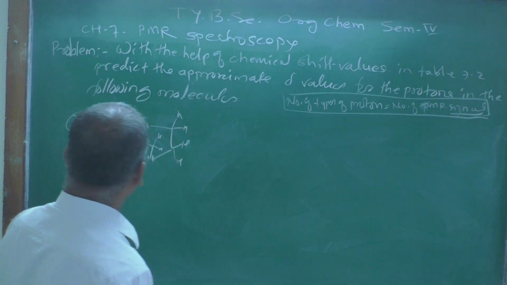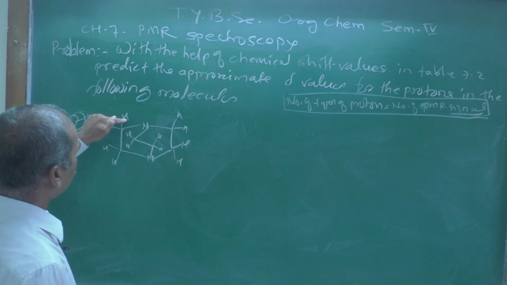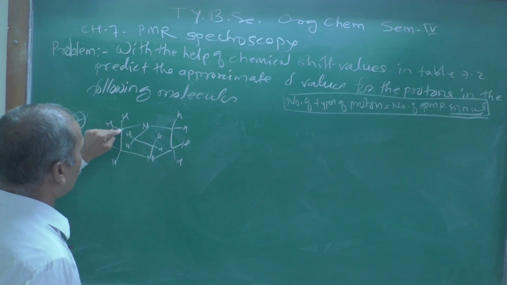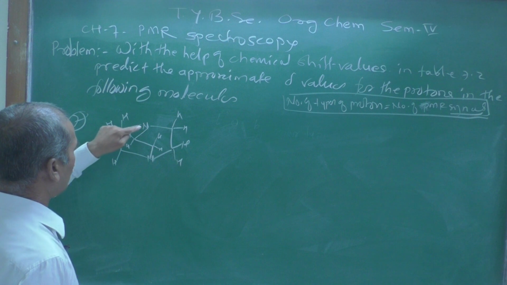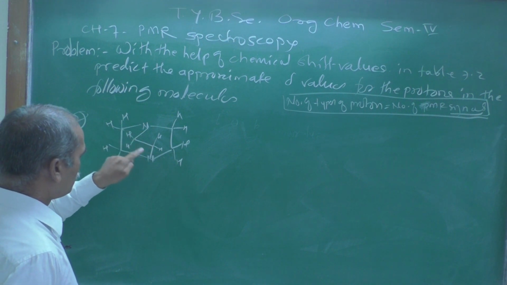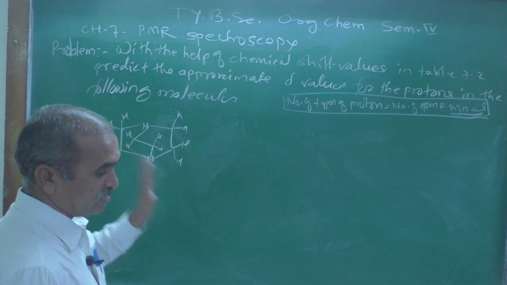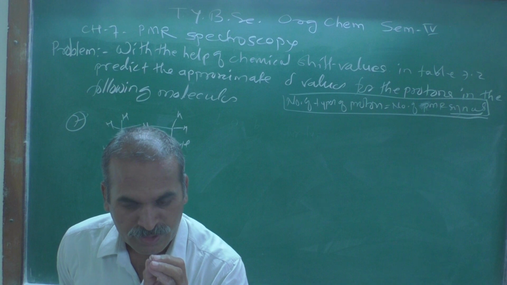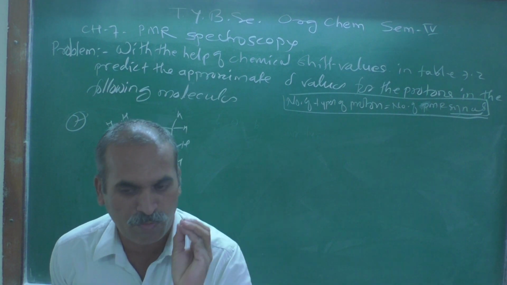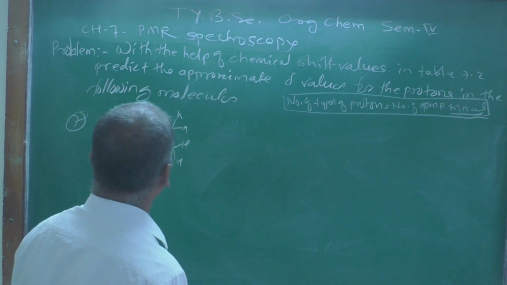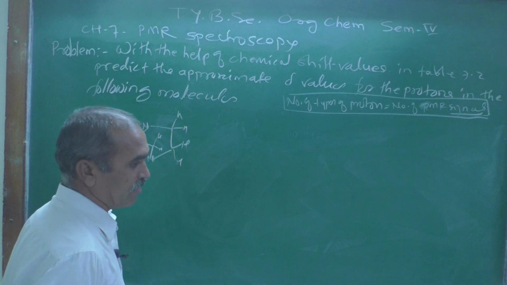But if you look at the environment around these protons, these are identical because neighbors are CH2 nitrogen, here also CH2 nitrogen, here also CH2 nitrogen. If you observe this structure very closely, you will find all protons are identical.